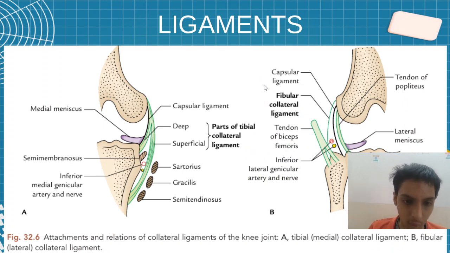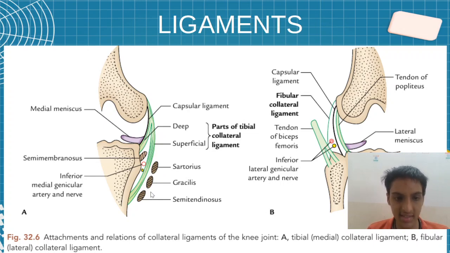And one more thing: the attachments and relations of the collateral ligaments. In terms of the medial meniscus, we have the TCL, superficial and deep. Then we have the hamstrings. In this medial view, we don't have biceps femoris here.